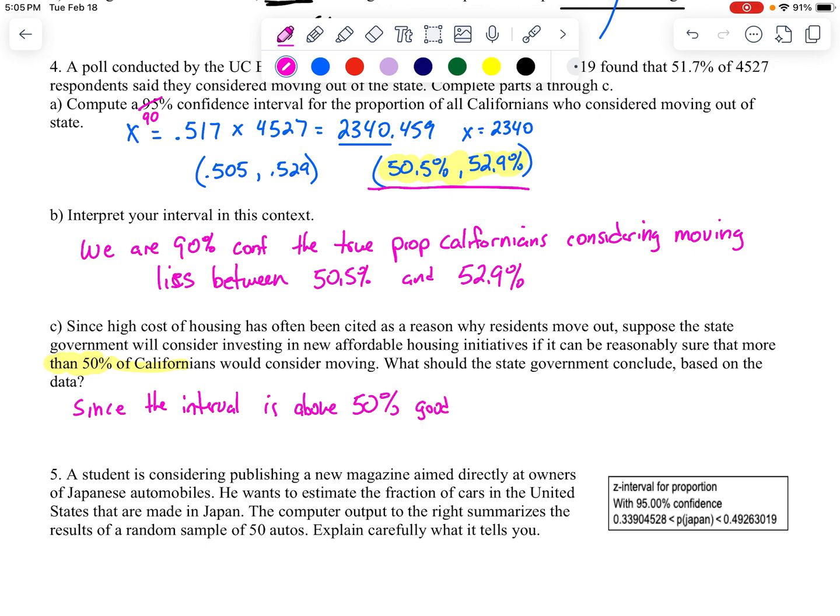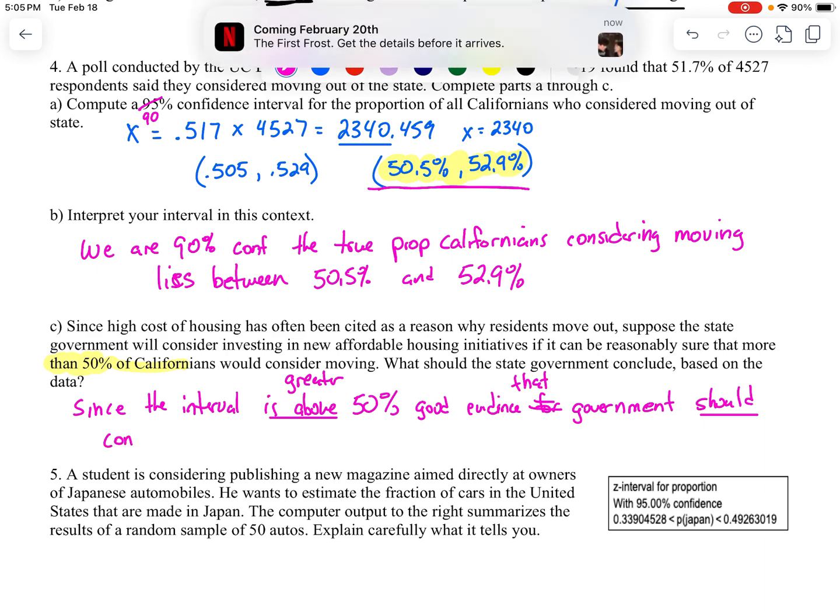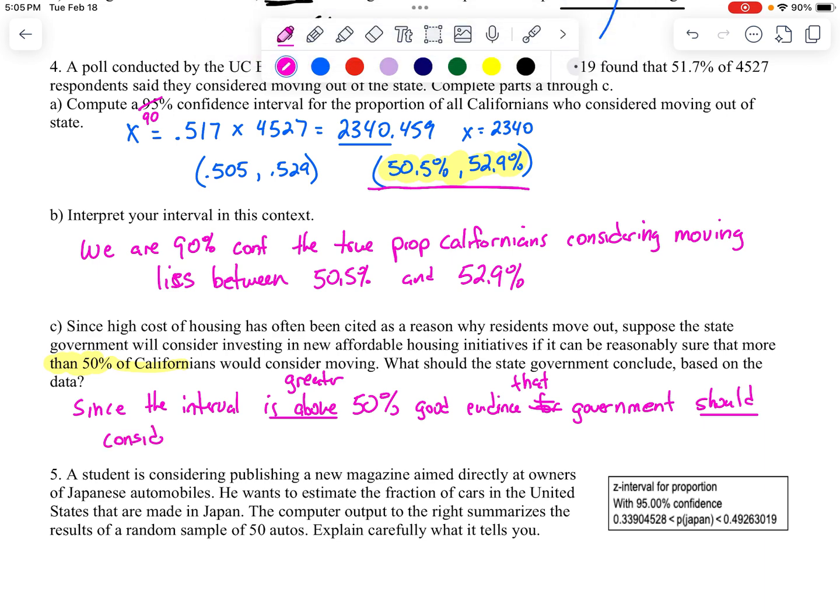that is going to give us evidence for government that government should consider housing alternative.